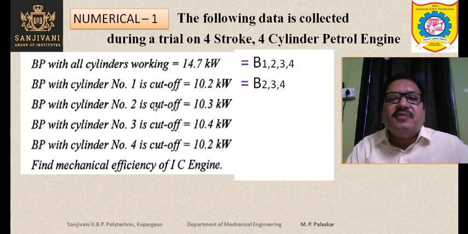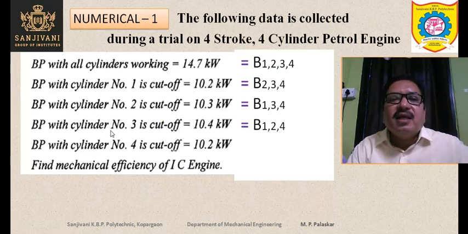Then if we cut off cylinder number 2, the brake power is 10.3, denoted as B134. After cutting off cylinder number 3, the brake power is 10.4 kilowatt, and that is denoted as B124.